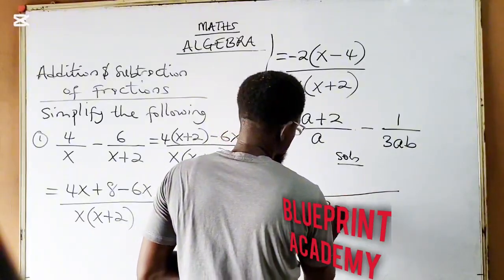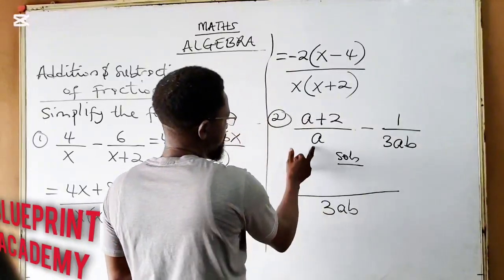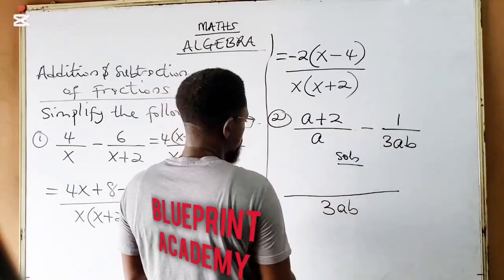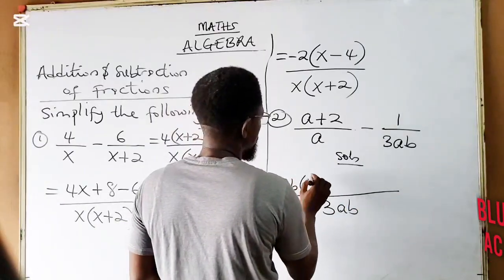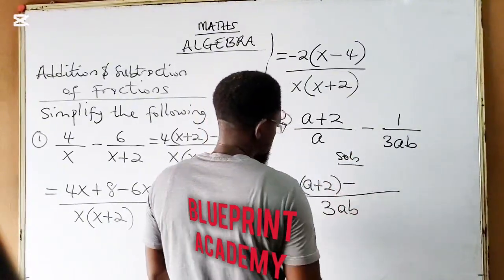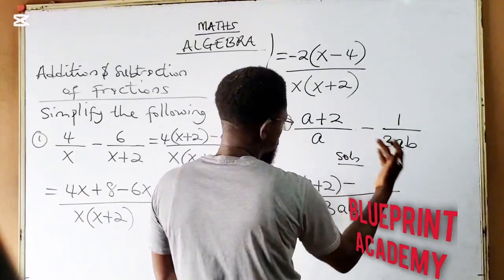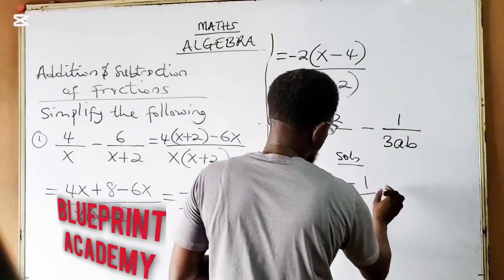In this case it is 3ab. Now 3ab divided by a will give us 3b, so we have 3b into a plus 2. Bring the minus sign. 3ab divided by 3ab will give us 1. So 1 times minus 1 gives us minus 1.